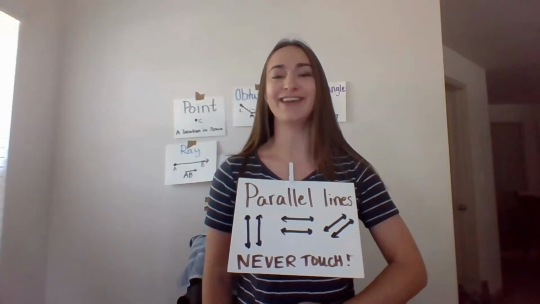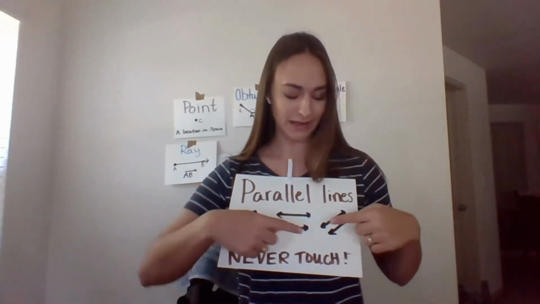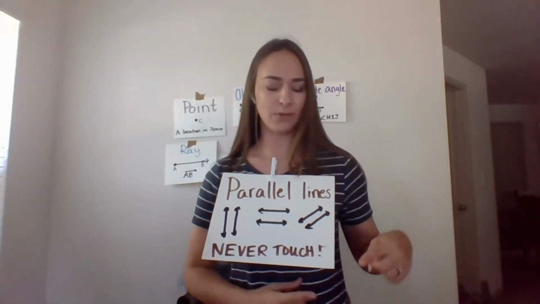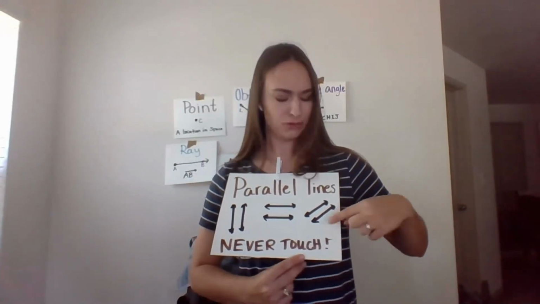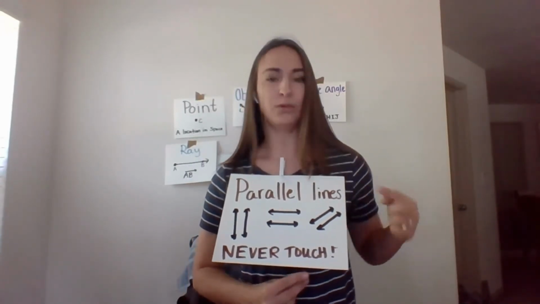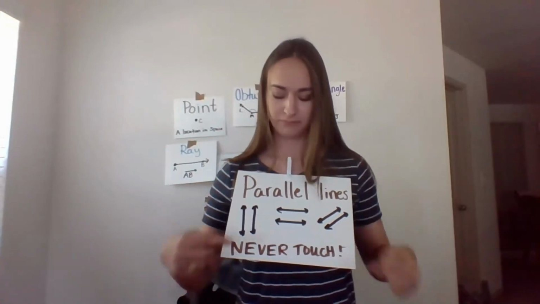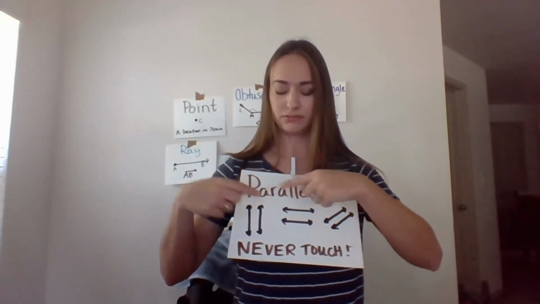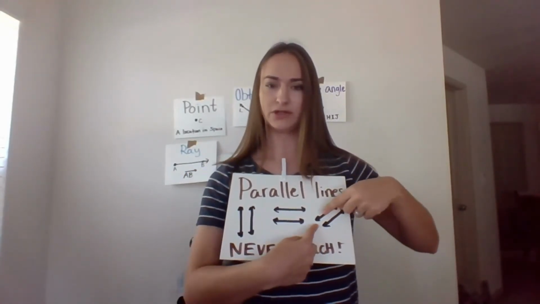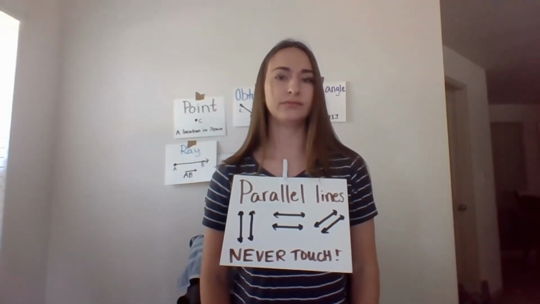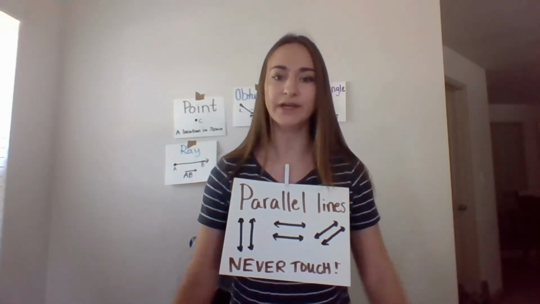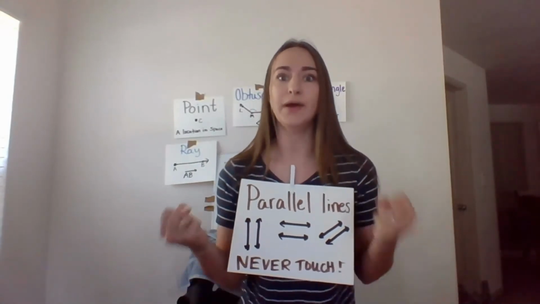Maybe you already read that. They never touch, right? They're not touching. And guess what? If we continued these lines, would they ever touch? No, they wouldn't touch. So that's all about parallel lines.